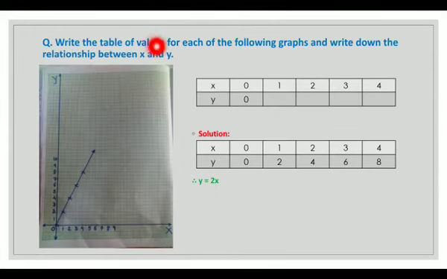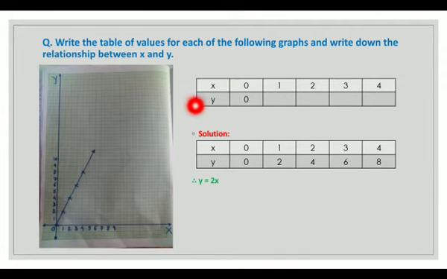Write down the table of values for each of the following graphs and write down the relationship between x and y. We have been given the table. We need to write down the y coordinates by looking at the graph, and then after getting the y coordinates, we need to see the relationship between x and y. So we have already been given the x coordinate.